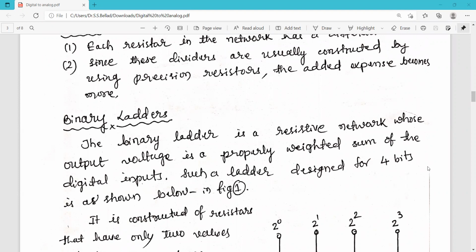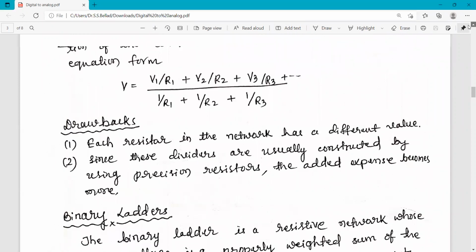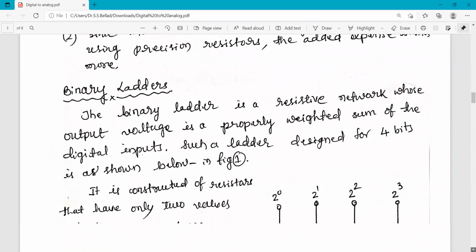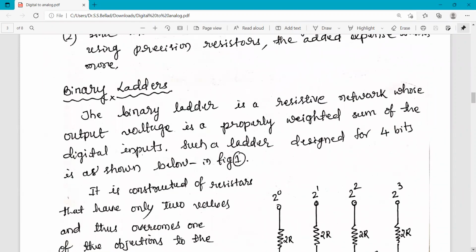In the last class, I discussed the resistive divider network, and we came to know the drawbacks of that circuit. Now I am going to explain another type of network which converts a digital signal into an equivalent analog signal, called the binary ladder network.